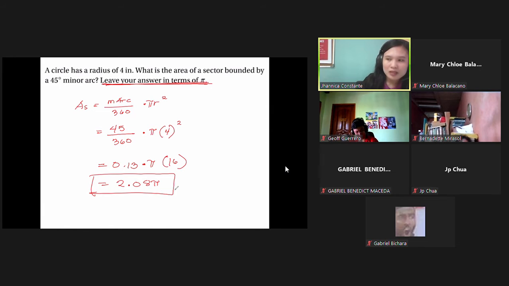It will remain as pi in your final answer. Okay, so we have 2.08 pi inches squared as the area of sector. So that's the area of our sector, in terms of pi.